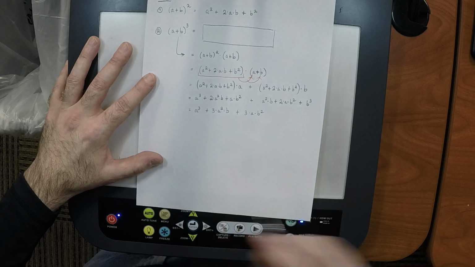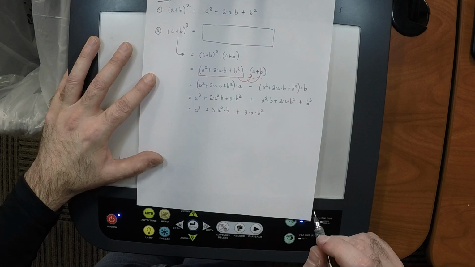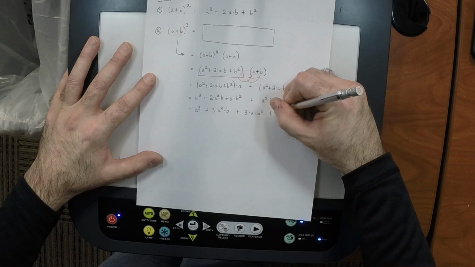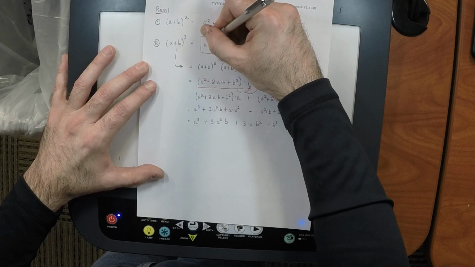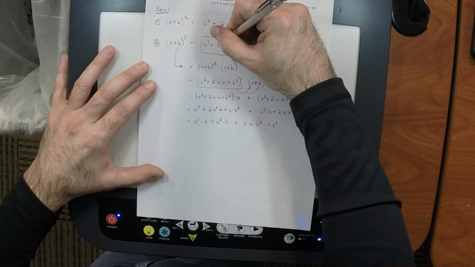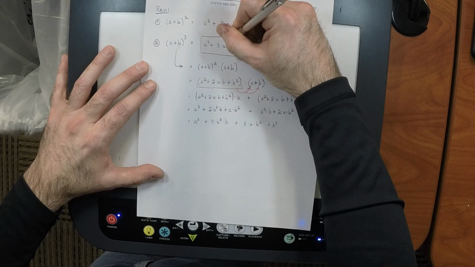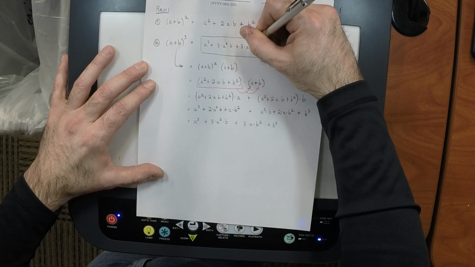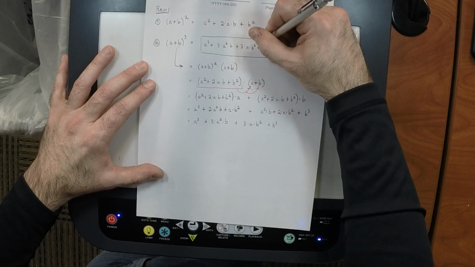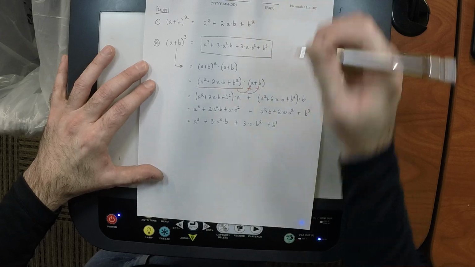Okay, and then what's left? The b cubed. So what I'm saying is that here's a nice formula. A cubed plus 3a squared b plus 3ab squared plus b cubed.